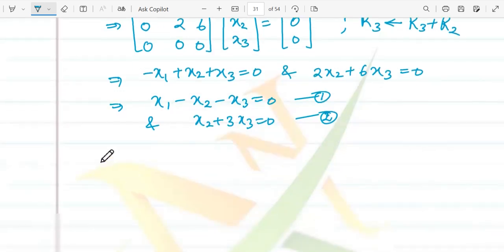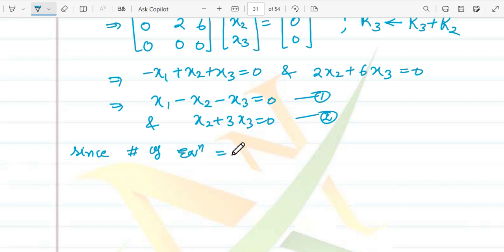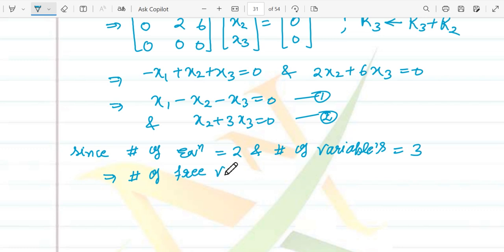Since the number of equations is 2 and the number of variables is 3, the number of free variables is 3 minus 2, which is 1.